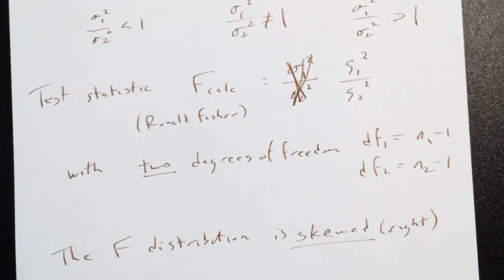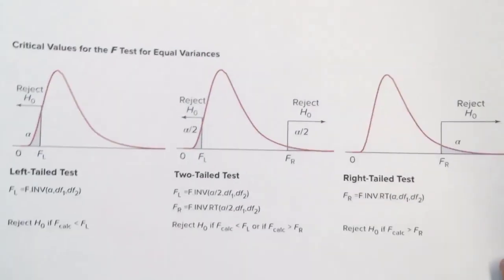So our distribution now for this setup is very different looking. Same picture. The picture of the F distribution looks like that.